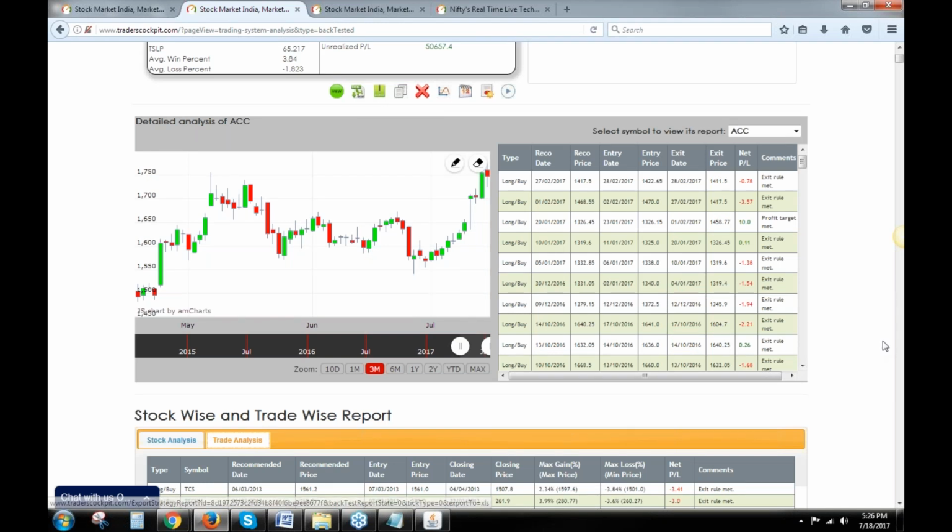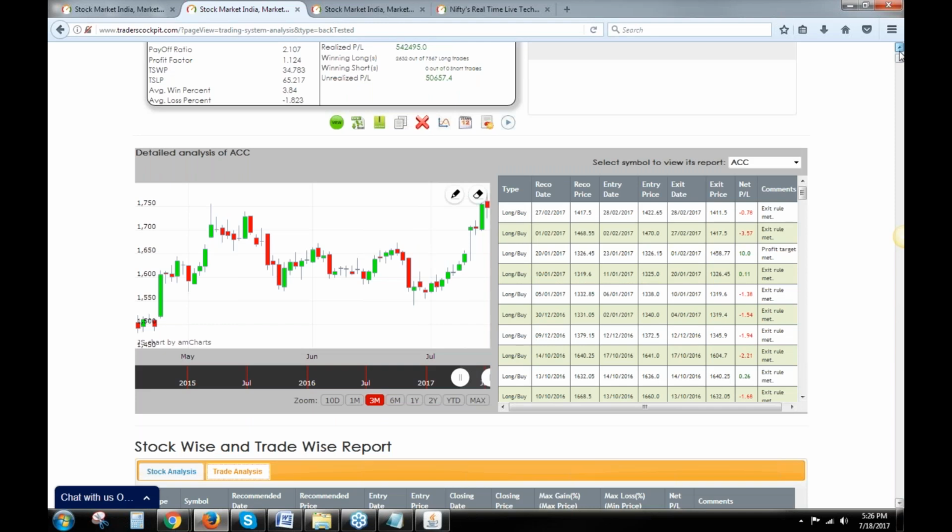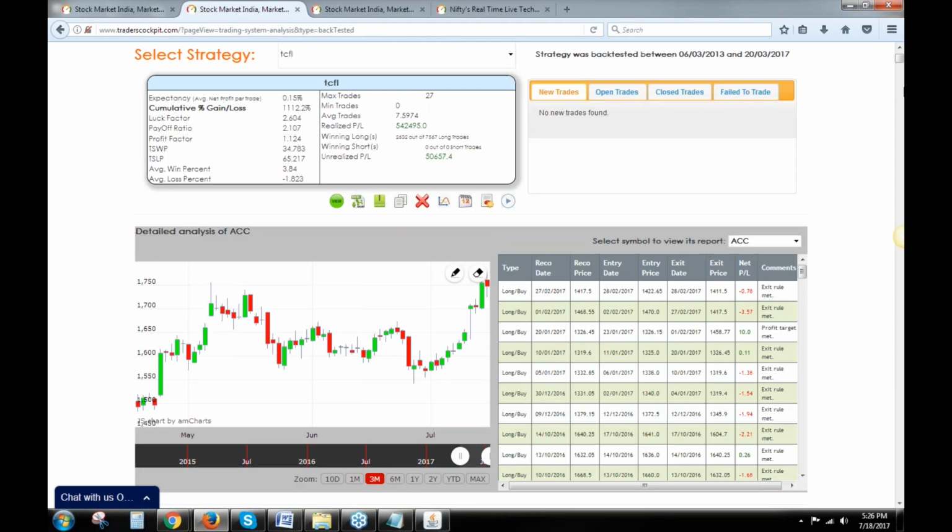Once you get any strategy backtested report available here, then you can go on to download, and you can view the strategy parameters from this button.